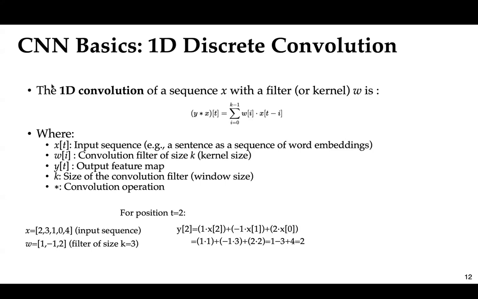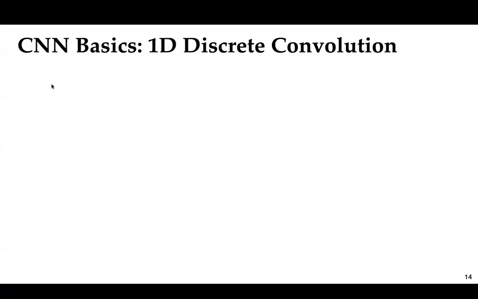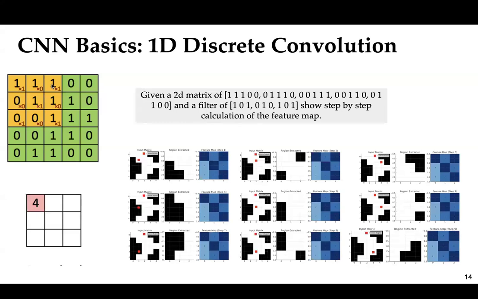Let's say that we have this matrix. What I said is that you bring the filter, put it on your underlying input feature, and then do pairwise multiplications and sum all the multiplications.